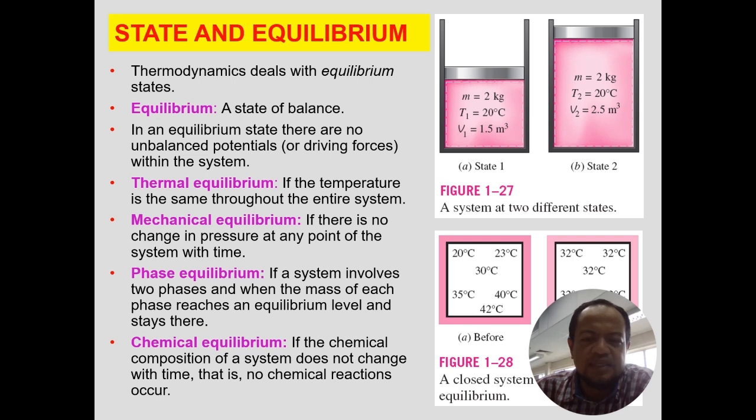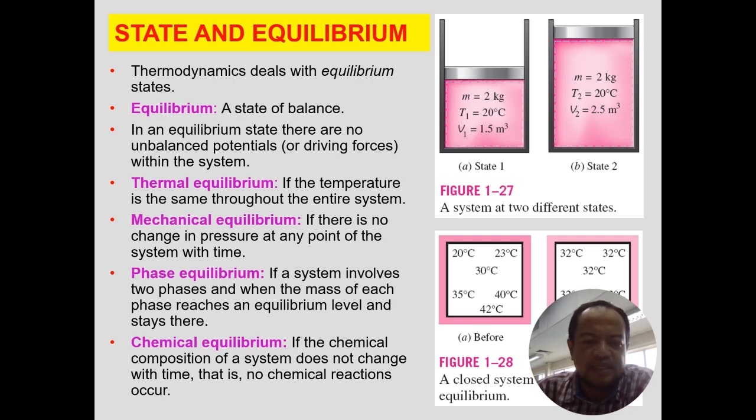Next is phase equilibrium. If the system involves two phases, the mass of each phase reaches an equilibrium level and stays there. Let's say you have part of this volume as an ice cube, and the other half is water. This phase will go to the equilibrium of water if we let them sit at room temperature.